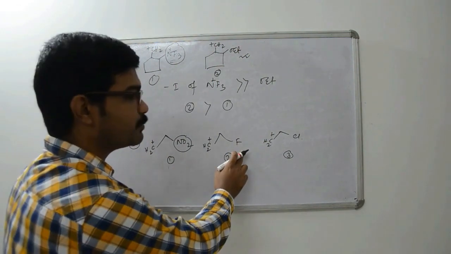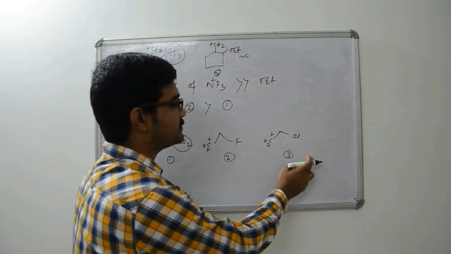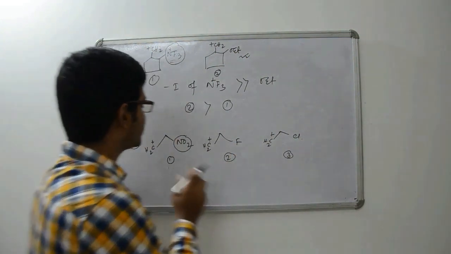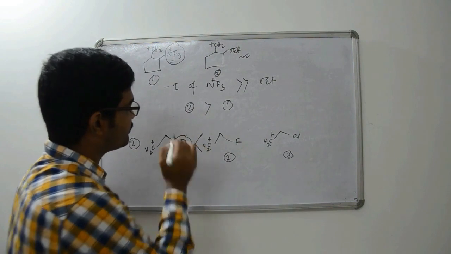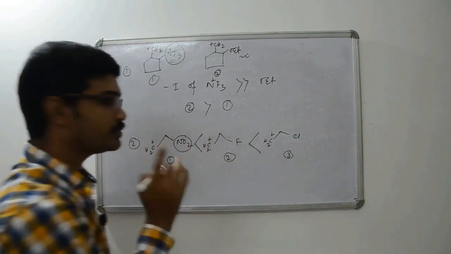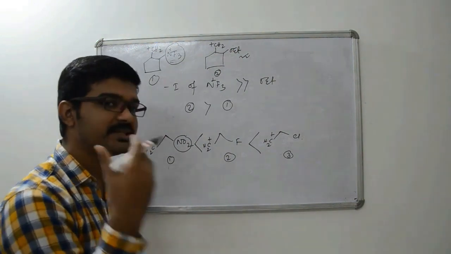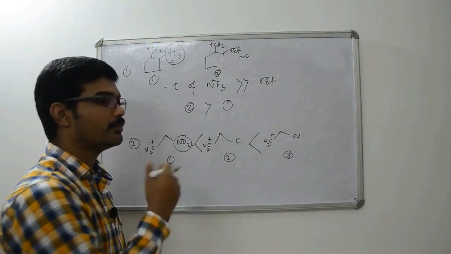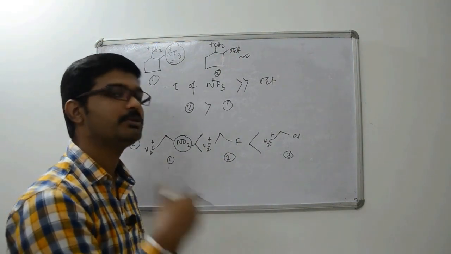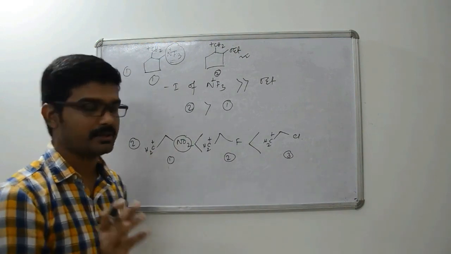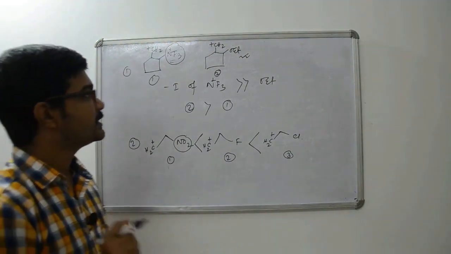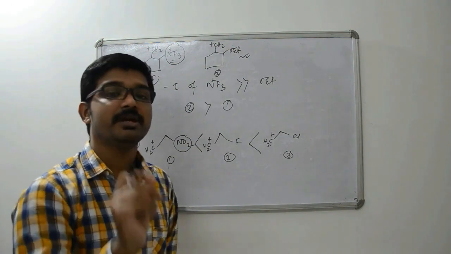Again, fluorine has more minus I effect in comparison to chlorine. So the stability will follow this trend, because we know the more the minus I effect, the more will be the destabilization of the carbocation. The more the plus I effect groups, the more will be the stabilization of the carbocation. Right? Now let us see the stability of carbanions.